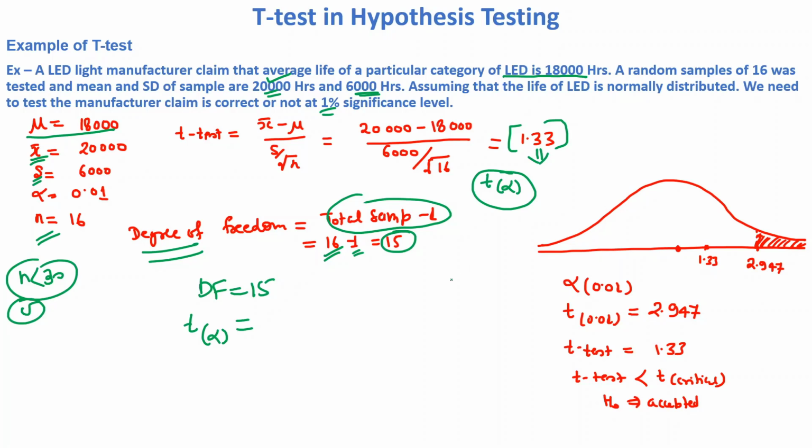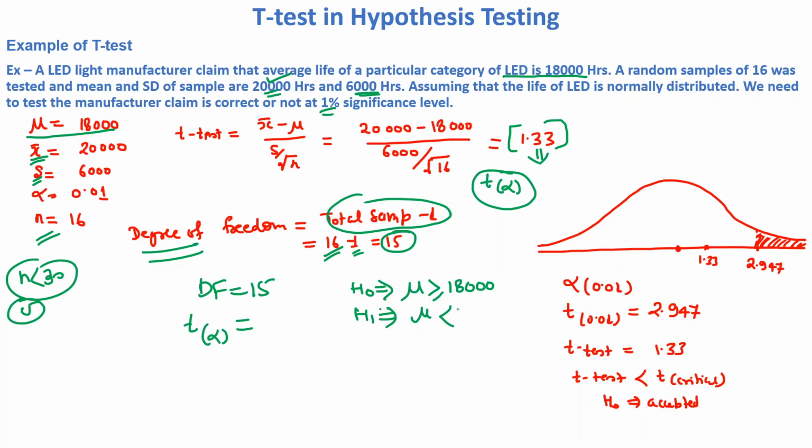The first question is whether this is a one-tail test or a two-tail test. If the LED average life is greater than 18,000, our null hypothesis would be mu greater than or equal to 18,000, and we will accept the null hypothesis; otherwise, if mu is less than 18,000, we will reject the null hypothesis.